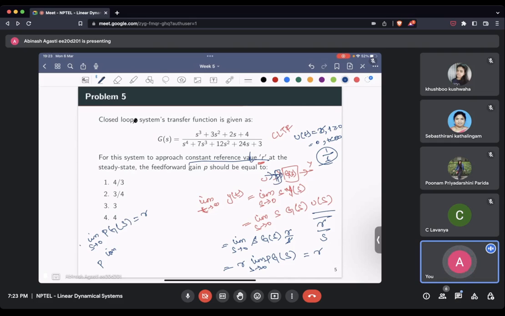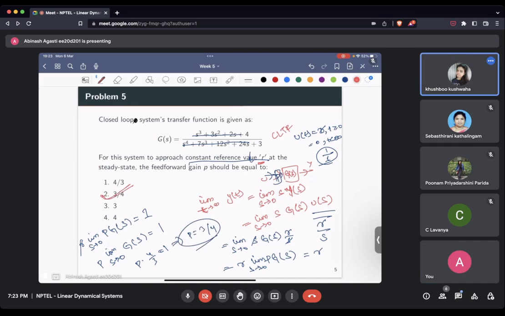Oh, sorry, this is r is equal to this. So essentially we'll cancel it and we'll have 1. So it is equal to 1. And limit s goes to 0 of G of s is what? You'll just get zeros in all these places. And this will be p times 4 by 3 equal to 1. So p is equal to 3 by 4. Is it clear? Yes, sir.